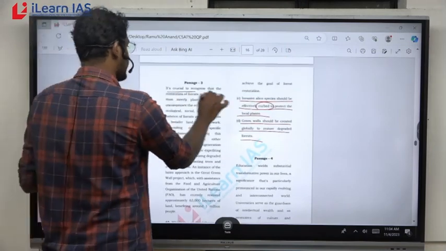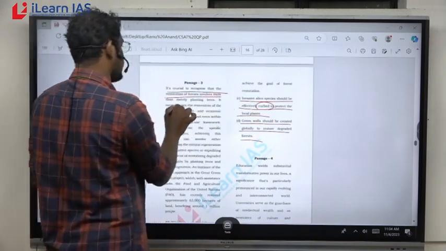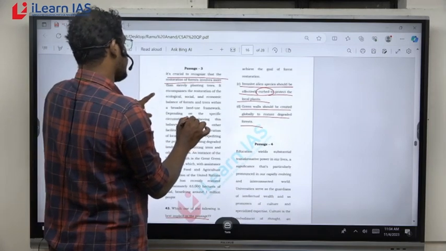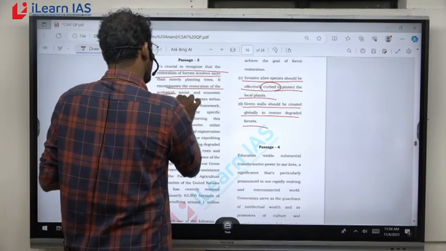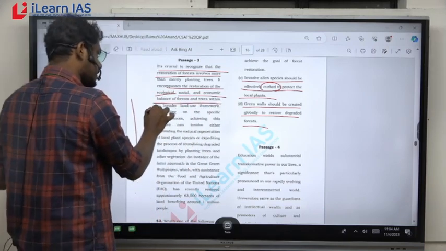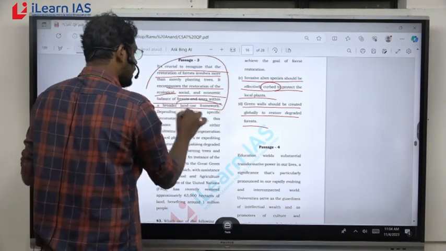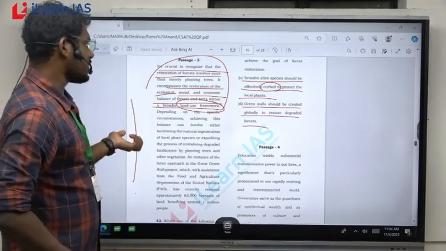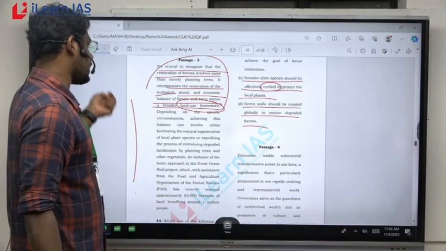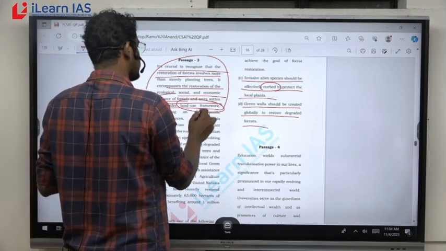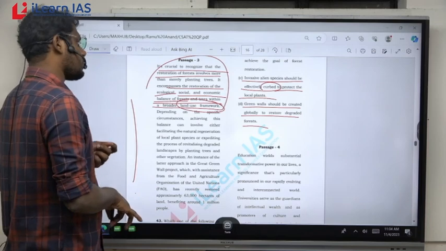It is crucial to recognize the restoration of forests involve more than merely planting trees. It encompasses the restoration of ecological, social, and economic balance of forests and trees within a broader land use framework. So actually, the reforestation of forests encompasses a wider framework, which includes both restoration of ecological, social, and economic balance of forests and trees within a broader land use framework.